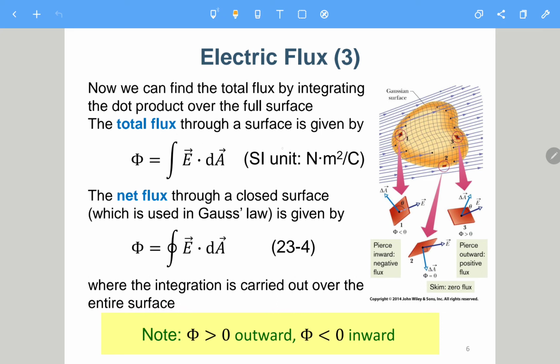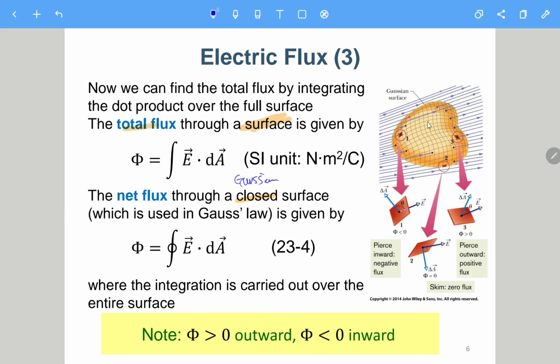It can be applied to an arbitrary surface. So we only use the normal integral sign here. But for the Gaussian surface, for the closed surface, we call it the net flux.